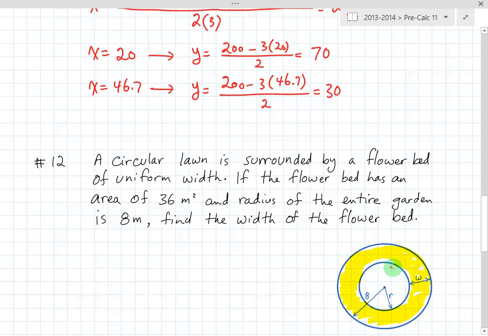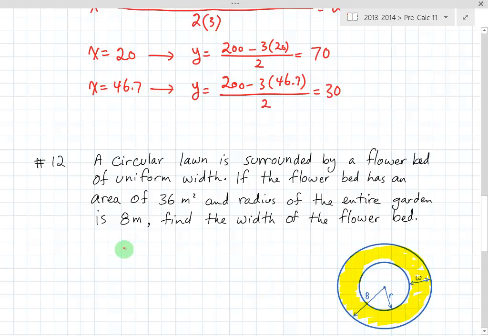That means that there is a circle on the inside, right? That circle on the inside, the radius of it, we don't know. That's radius r. The width of this flower bed that happens to have all the yellow flowers in it, apparently, very apparently, right?